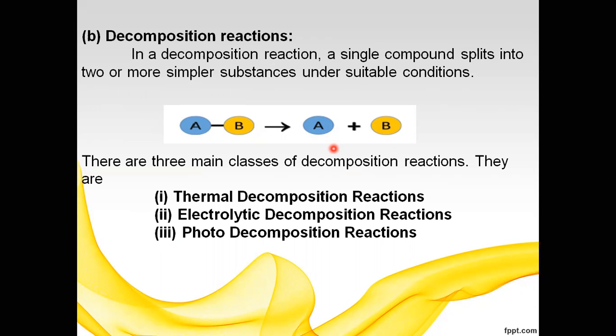This is the generalized scheme for decomposition reactions. One example: AB, a single compound, is divided into two simpler substances, A plus B. So this is the decomposition reaction. It is opposite to which type? Combination reaction.